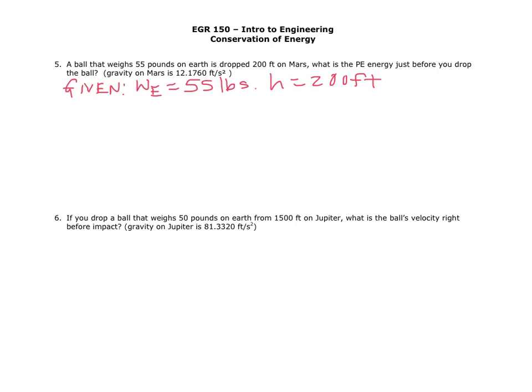And we're also given that the gravity constant, GC on, I'll put M on Mars, is 12.176 feet per second squared. Okay, so we want to find the potential energy on Mars.